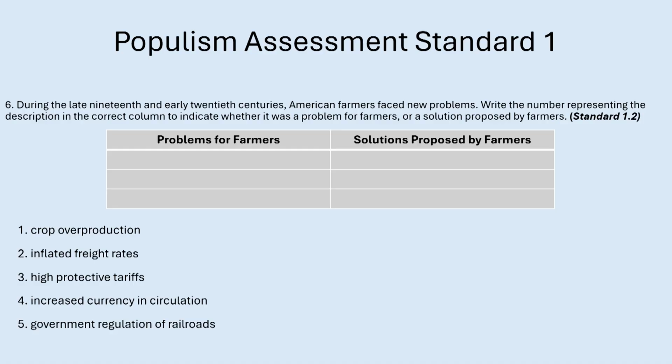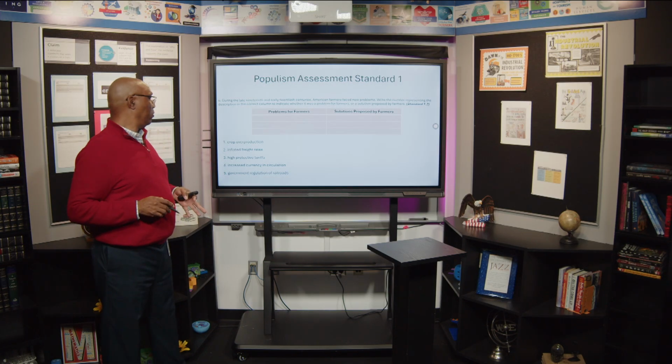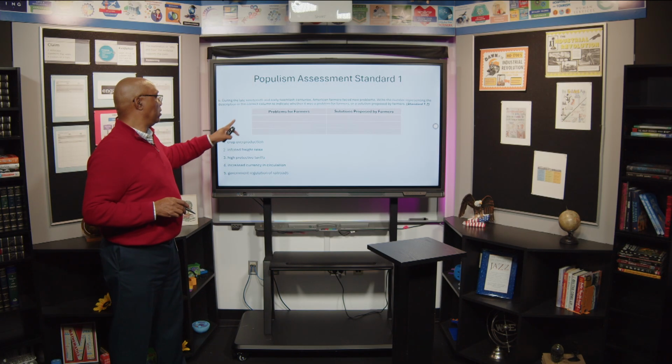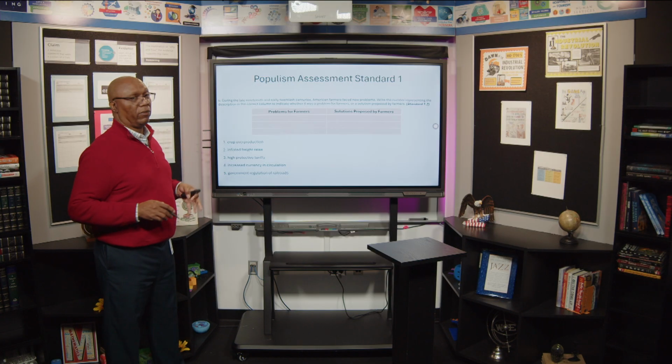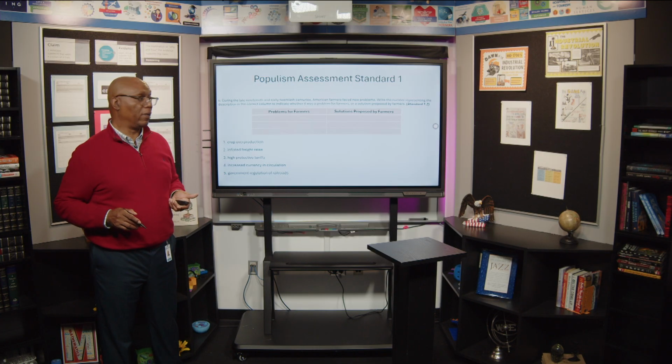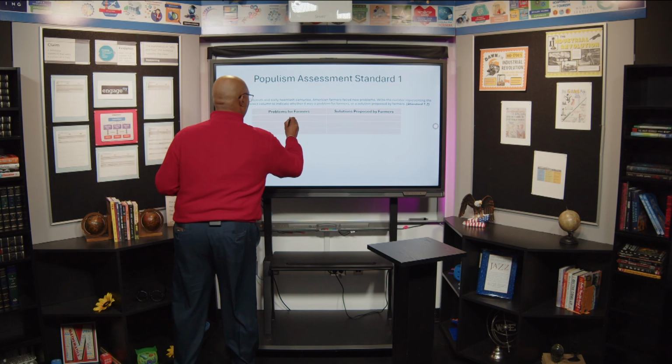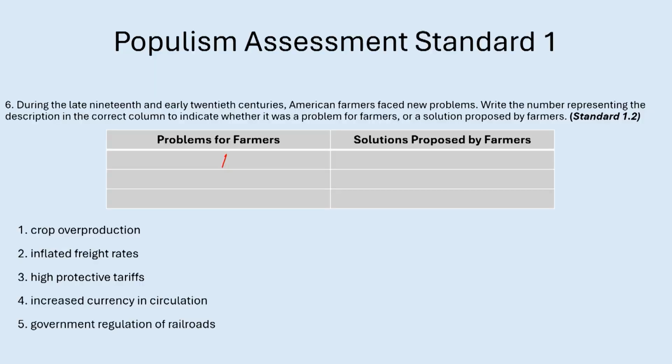So what we're going to do here is take an answer and write where it would possibly go. So crop overproduction, was it a problem or a solution? Well, if it's overproduction, I don't think it's a solution, so it's probably a problem.